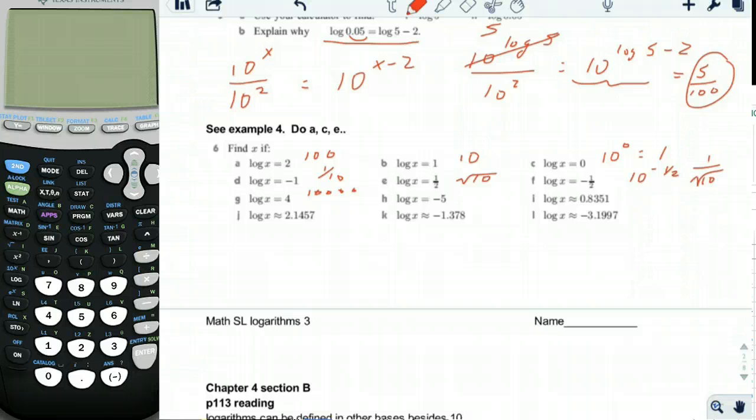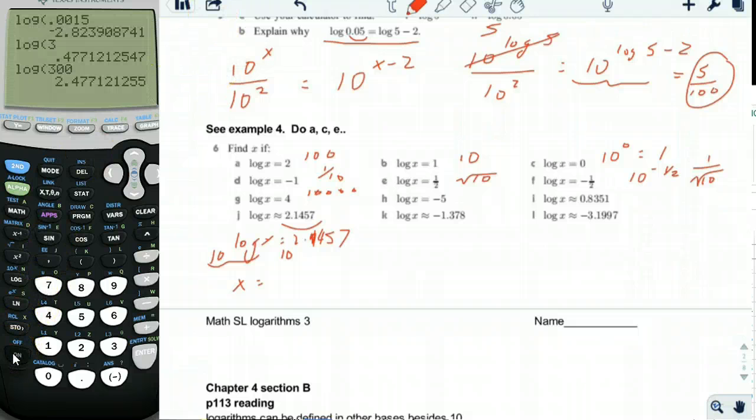Okay, and then you got some of these funny numbers here. Now the way you're going to find these is, okay, log of x equals 2.1457. So what I'm going to do is take 10 to that power on both sides. So that's going to give me x, and this part is going to be 10 to the 2.1457. We'll use the calculator for that.